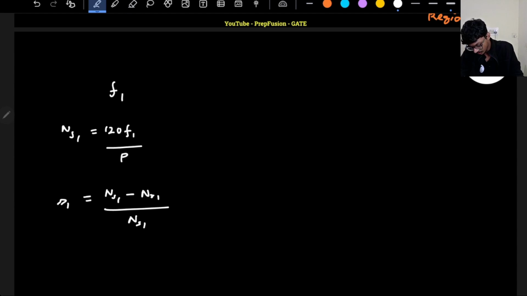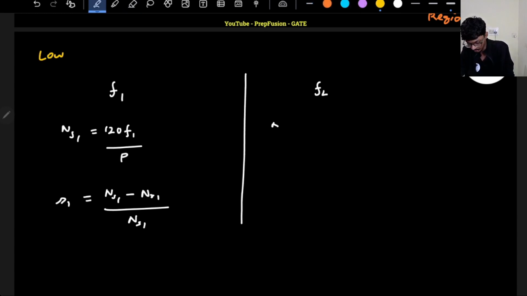So I know s1 into f1 will be constant. In the second case, let's say I'm operating at a different frequency, with ns2. Whatever analysis we are doing, please remember this is only valid in the low slip region, otherwise it will not be valid. I'm mentioning this over and over again.